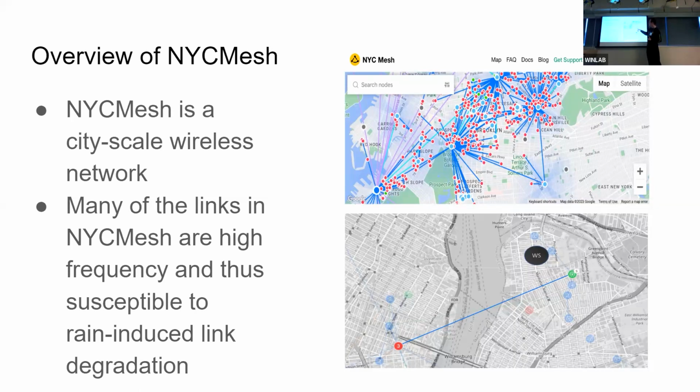These blue links are backhaul links, where the majority of traffic flows through, and those are the links that I examined in my analysis. This is a sample link, and this is a weather station. The idea is that if we get a weather station close to the link and it records a period of precipitation, then we would expect the performance of the link to be affected.